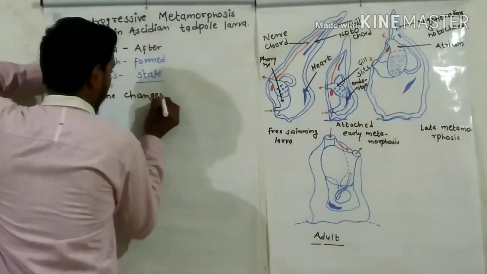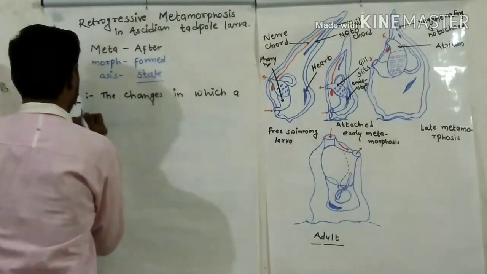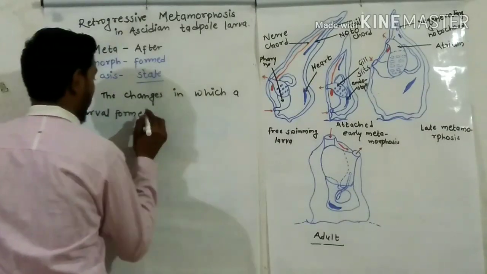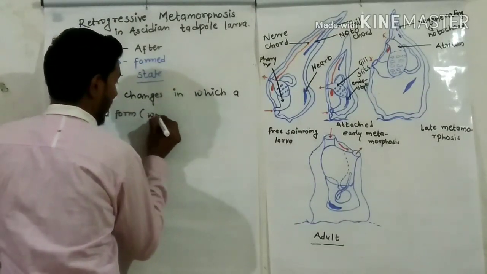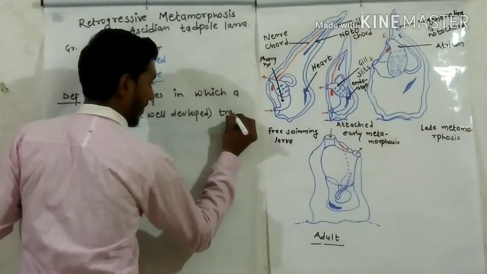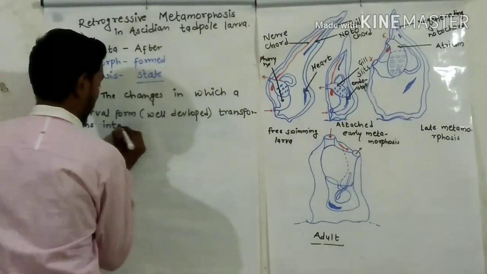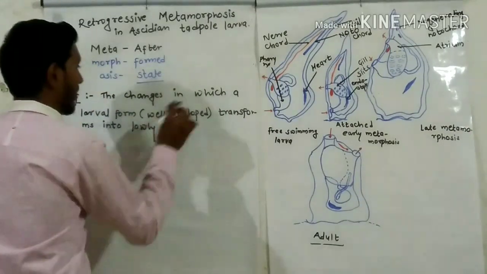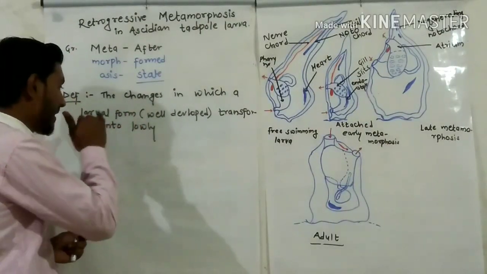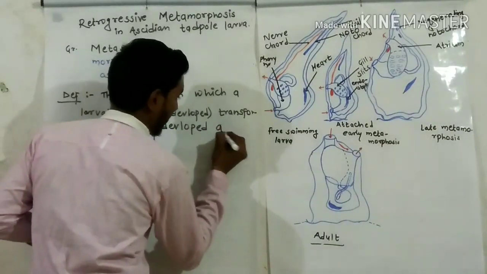The changes in which a larval form, highly developed or well developed, transforms into a lowly developed adult.